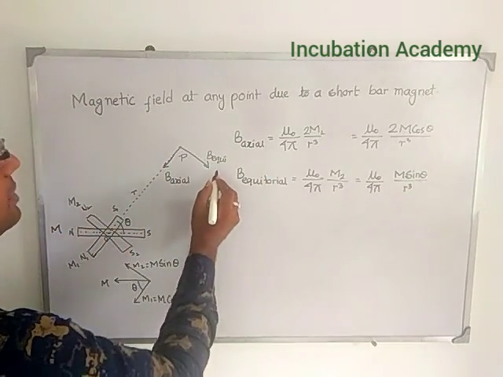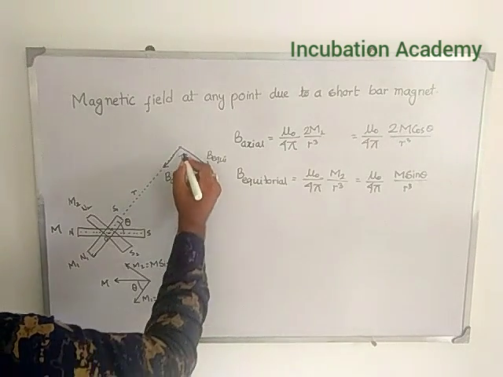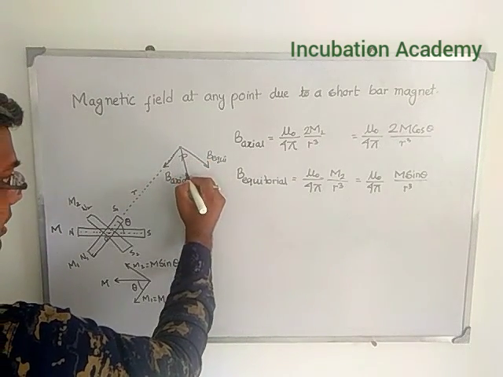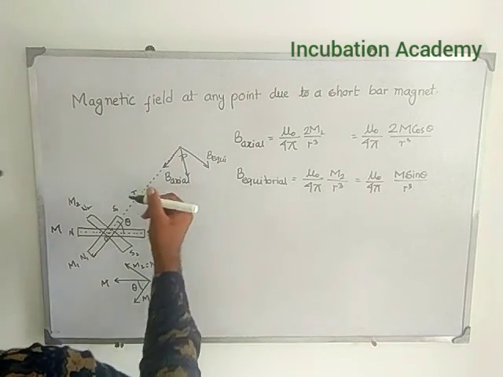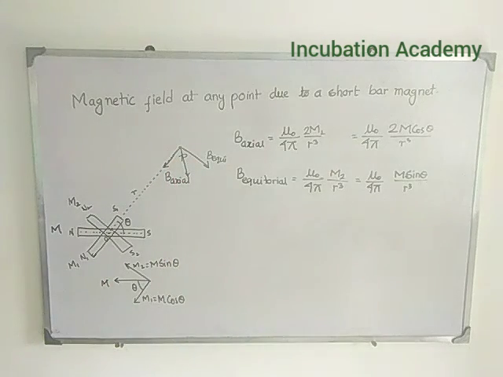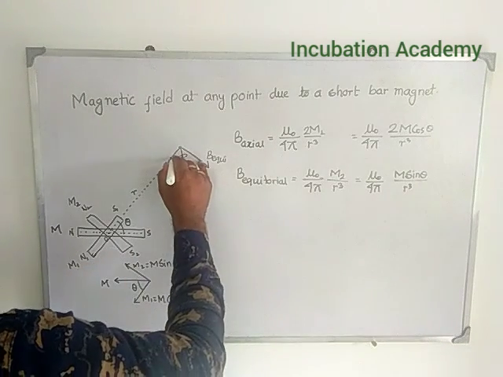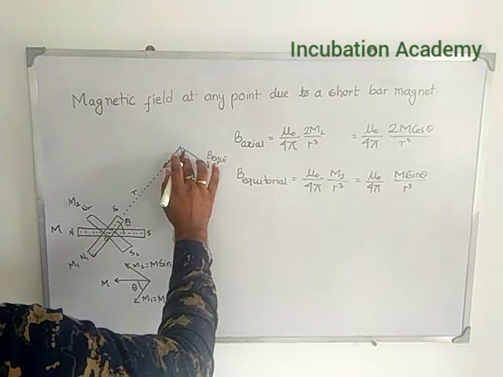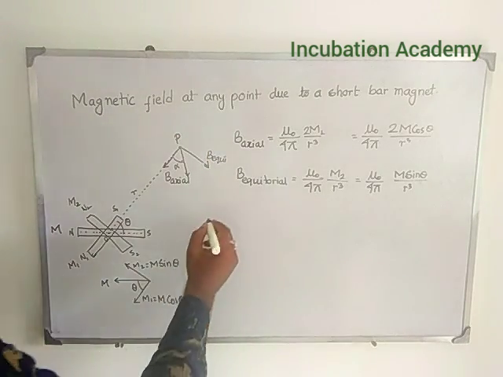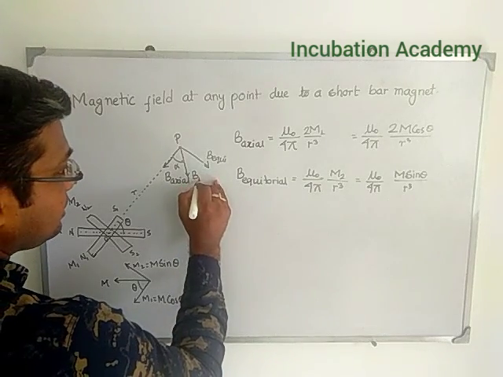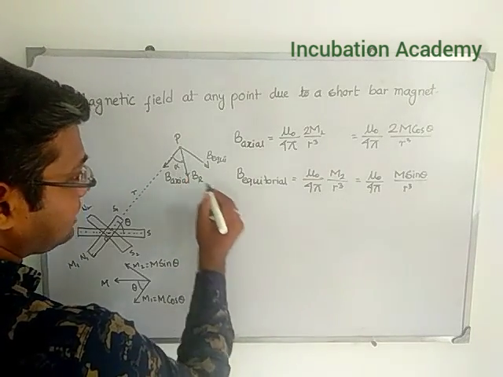B axial and B equatorial are perpendicular to each other, so the resultant magnetic field will be somewhere in between. Let us consider this resultant magnetic field makes an angle alpha with the axial. Alpha will be here. I am writing down this P so that it can be seen clearly. This is the BR, or the magnetic field at the point P.